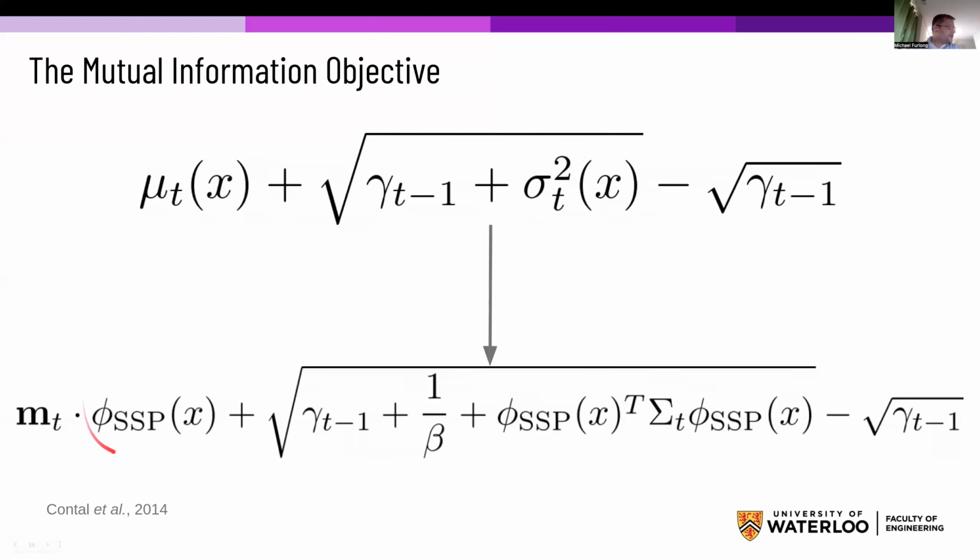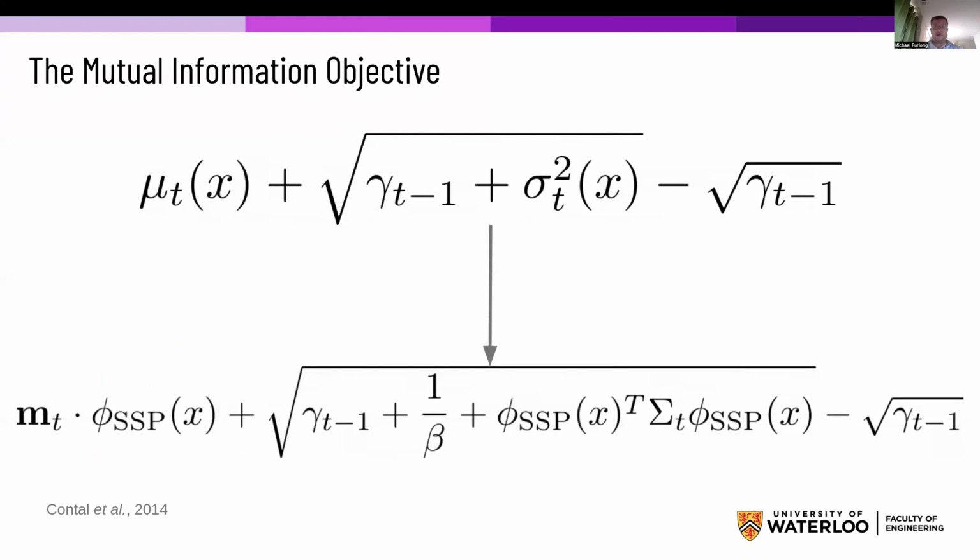We're searching through this vector space, not through the space of X, and then we decode the vector back into X, and then this becomes a convex optimization that we can compute.